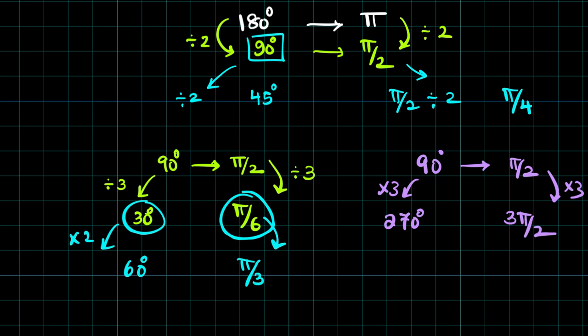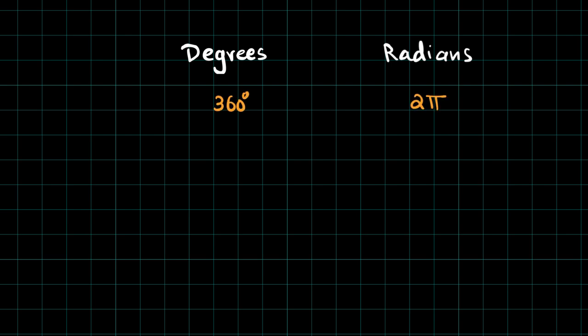So let me jot down all these conversions in one place. Let me write degrees on the left and radians on the right. We will start with the very basic thing, which is 360 degrees is 2 pi radians.